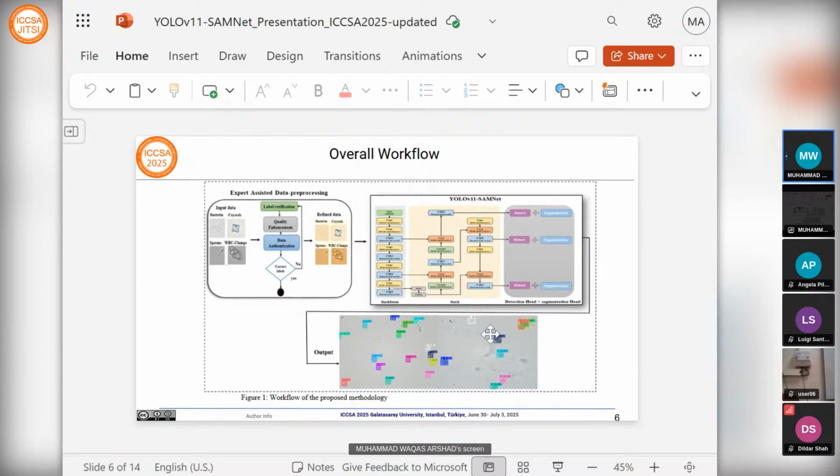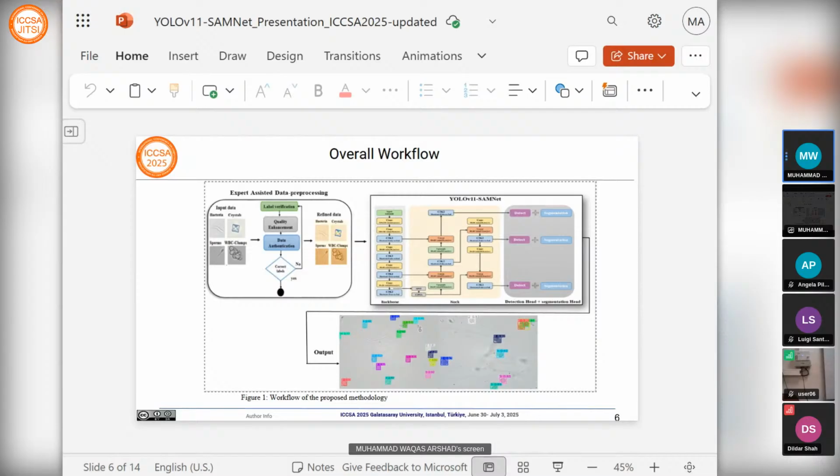This model architecture consists of a backbone for feature extraction at this part, and then a neck for multi-scale feature fusion, which combines feature information from different scales or resolutions to improve the representation.